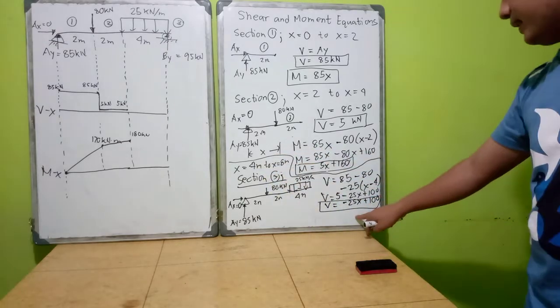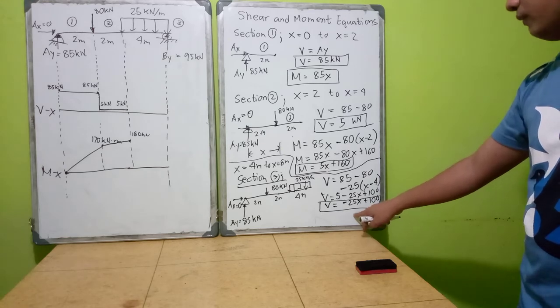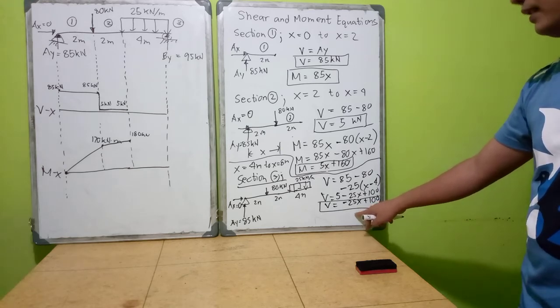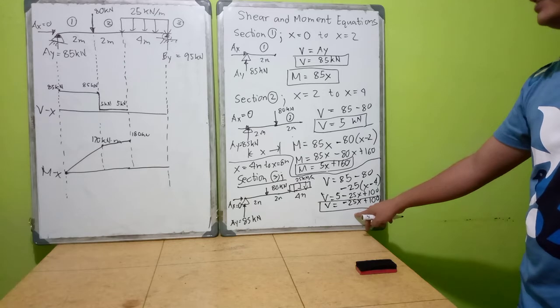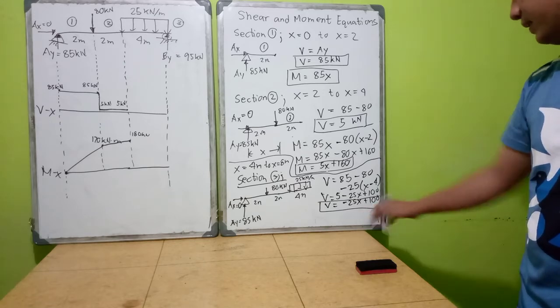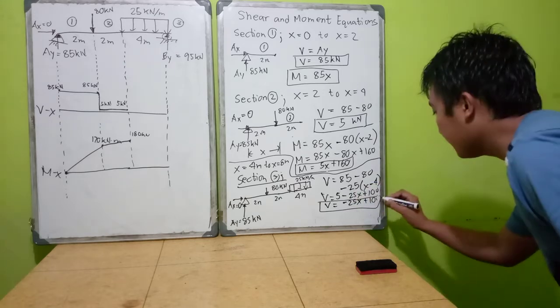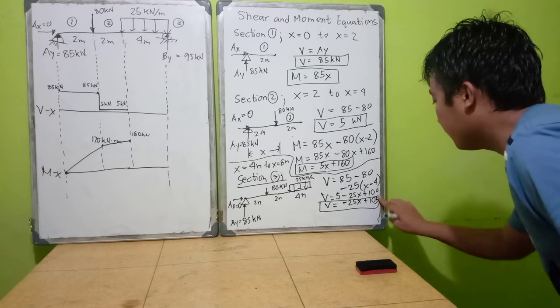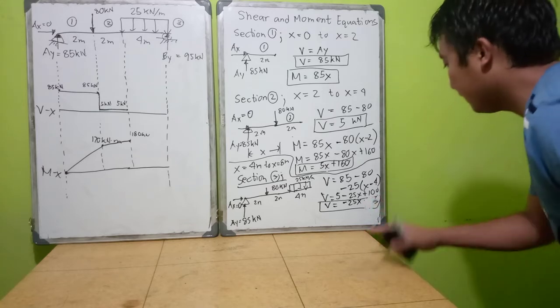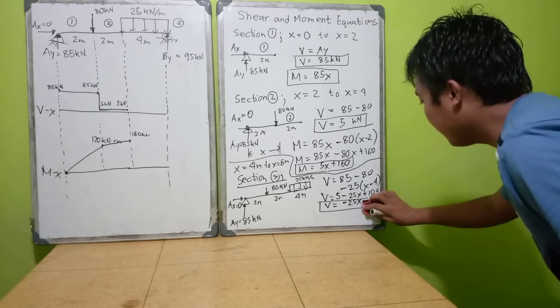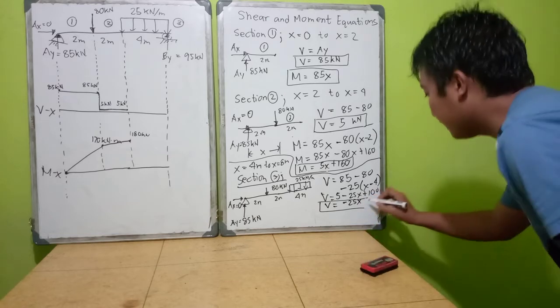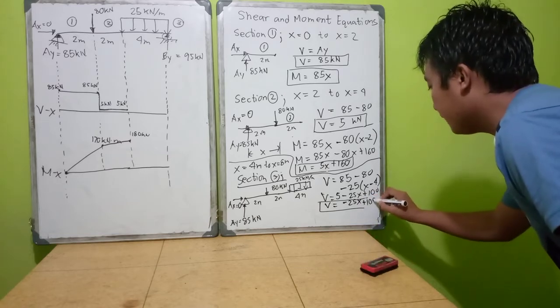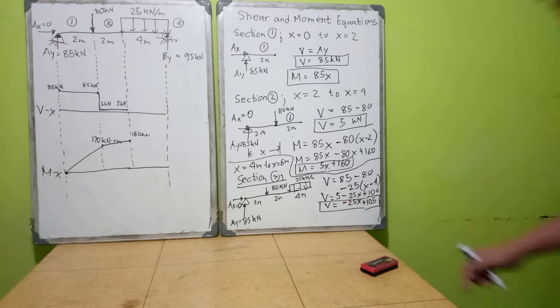So when x is equal to 4, your shear, this is 105 because, pardon, because this should be 105, 5 plus 100.